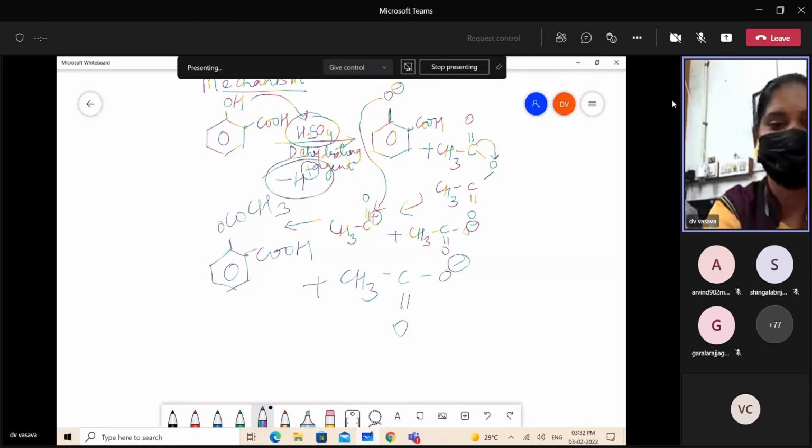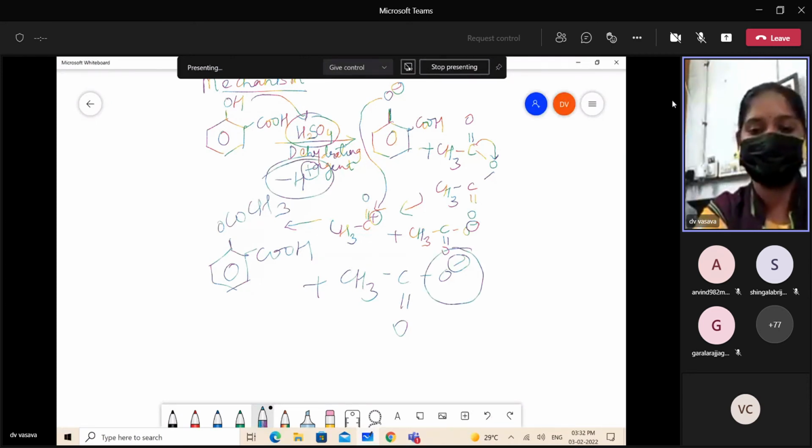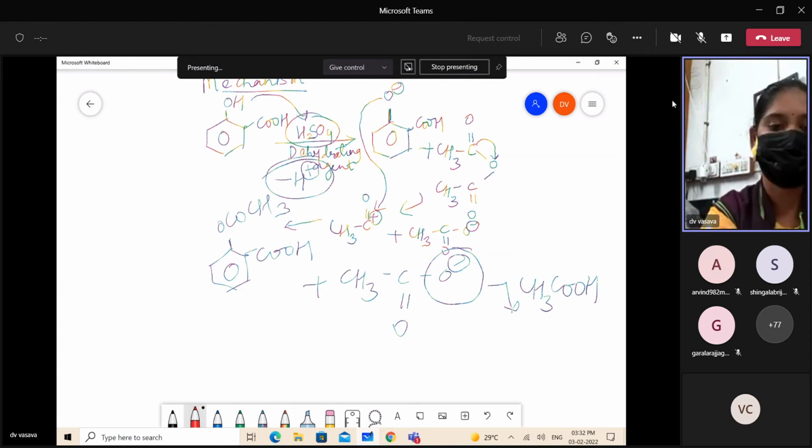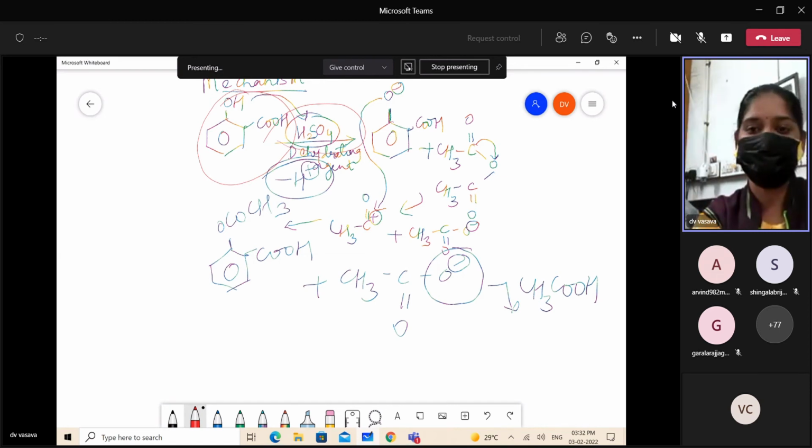So this positive charge and this O minus become CH3COOH. So we can say we have utilized 1 mole of salicylic acid, then 1 mole of H2SO4, and what we got is aspirin with 1 mole of product.